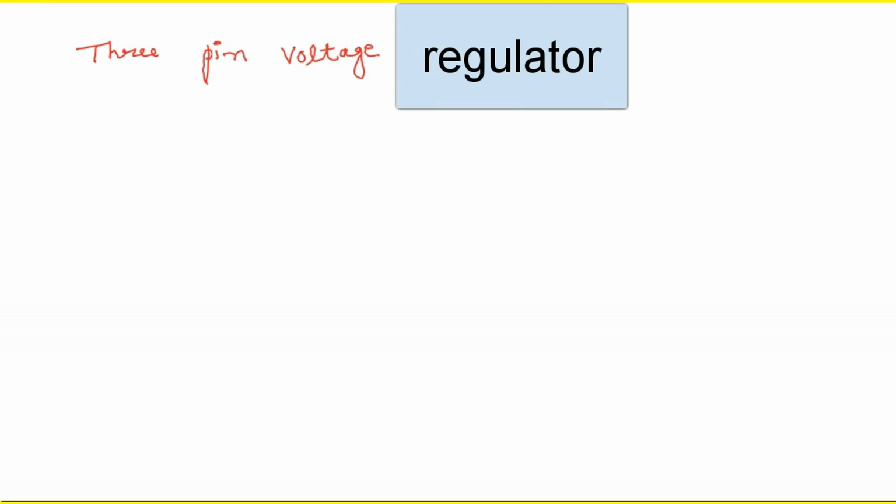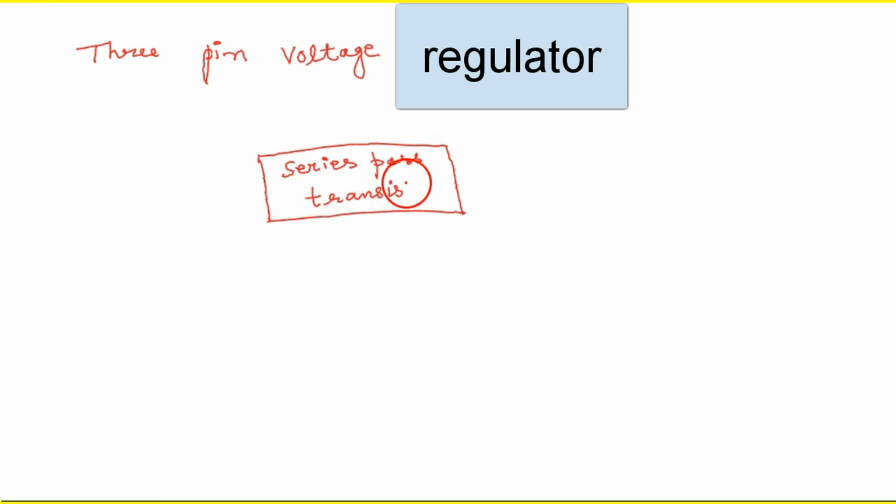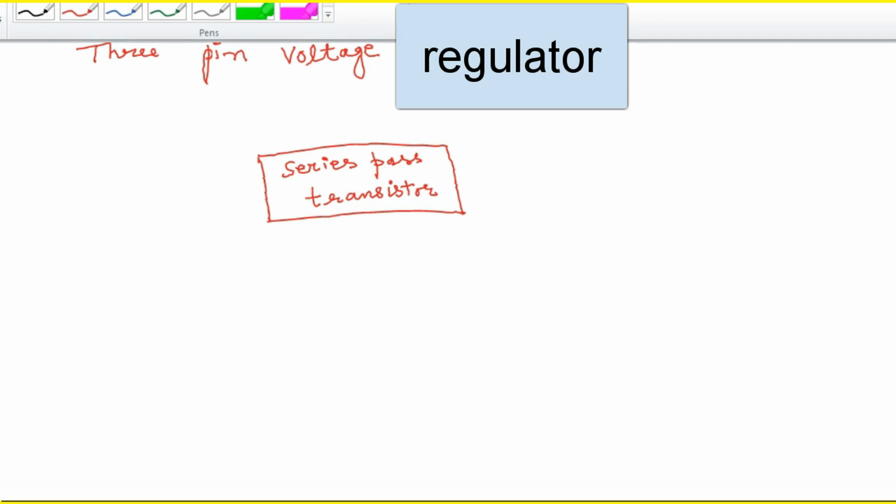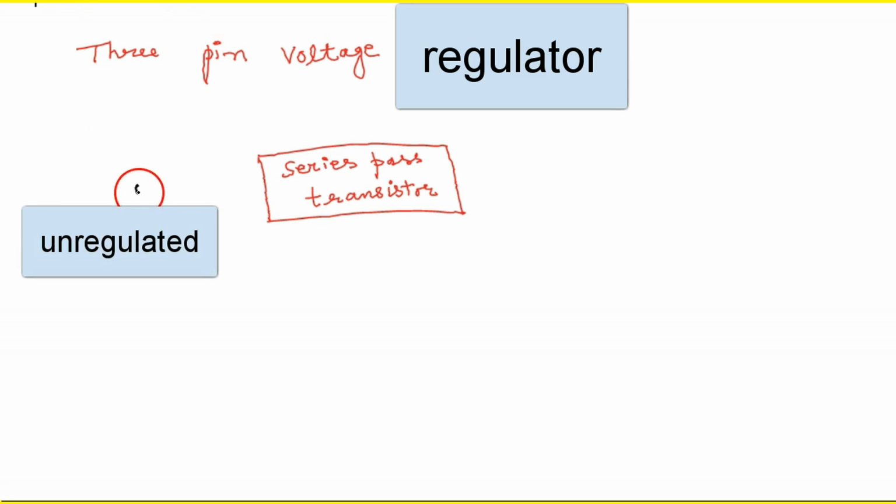Now the 3-pin voltage regulator. So this is a series pass transistor. This is the input, which is the unregulated DC voltage supply.